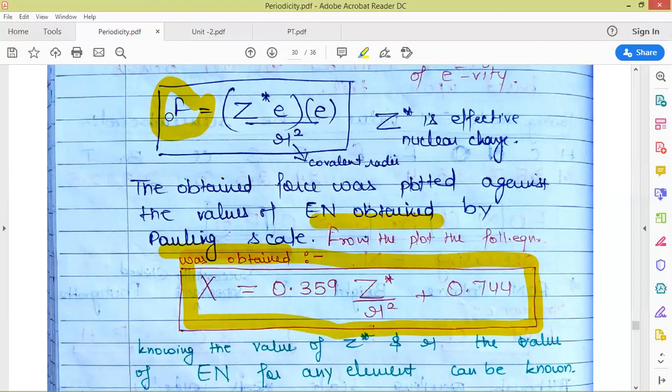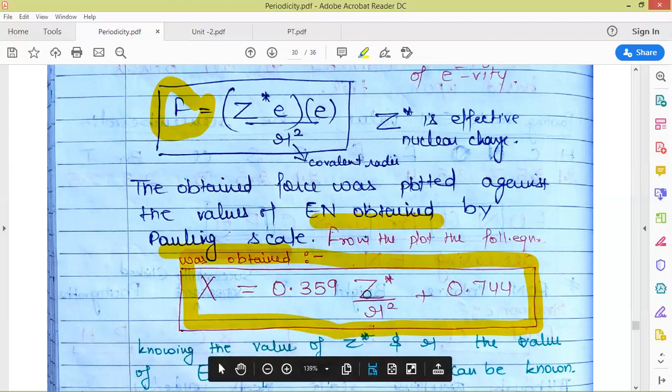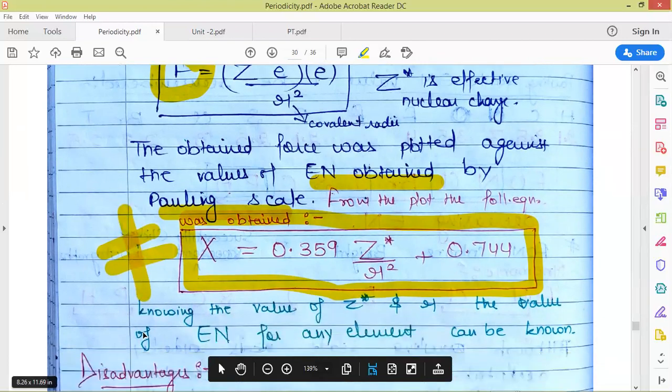Based upon the values of Z star and r square, which are known for different elements, we can calculate the electronegativity of any unknown element. So this was the method used by Allred and Rochow, but it was totally based upon the Pauling concept.